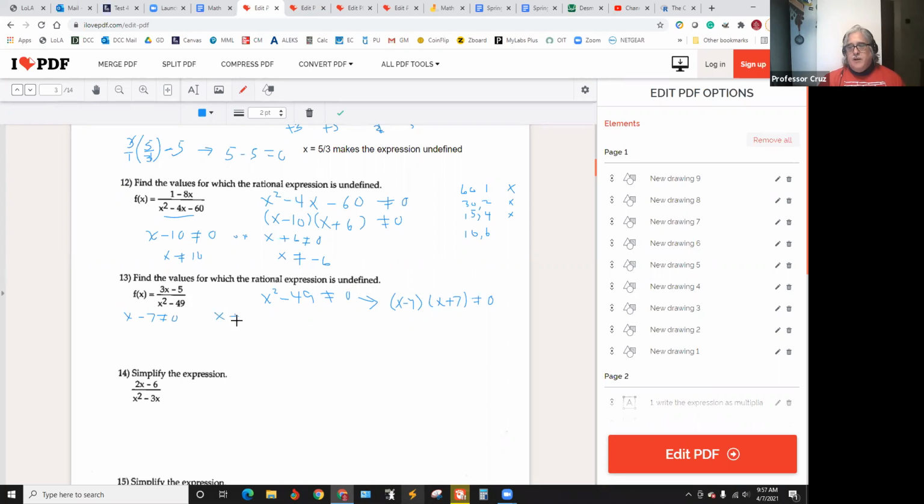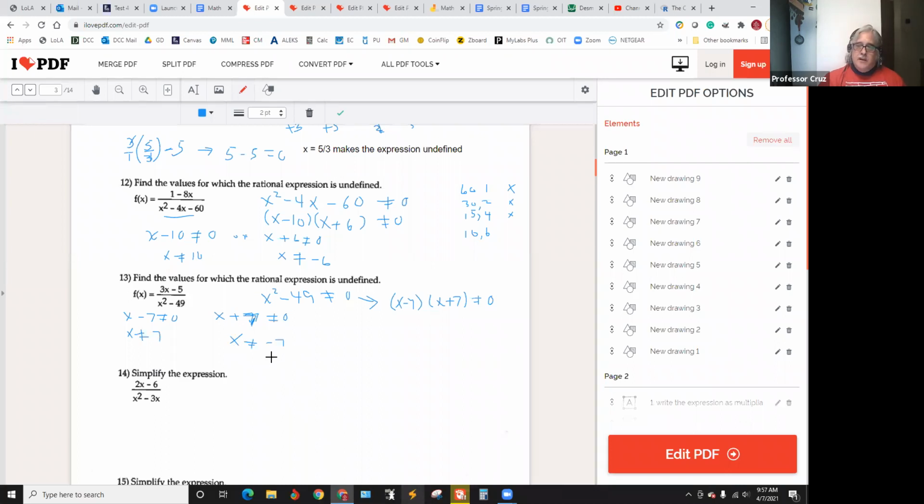X plus 7 can't be equal to 0. So x can't be equal to 7. X can't be equal to negative 7.